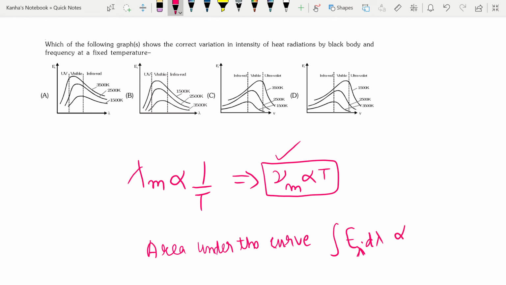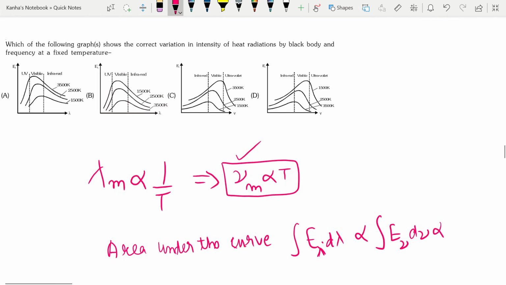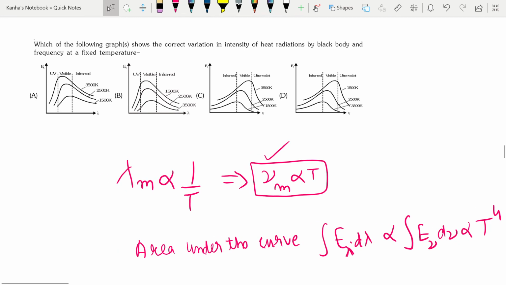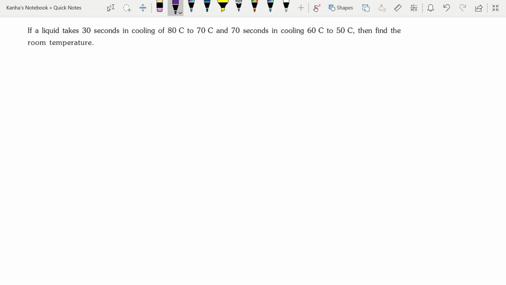Now this is also proportional to the integral of E for a specific mu d mu, so it is proportional to T to the power 4. So in this case you have both A and D giving you the right answers. Let us take a look at another question.